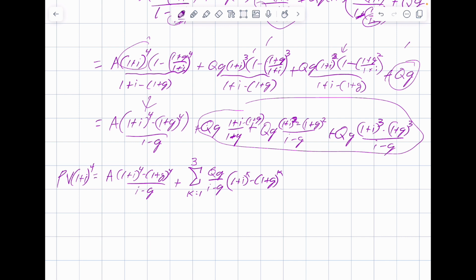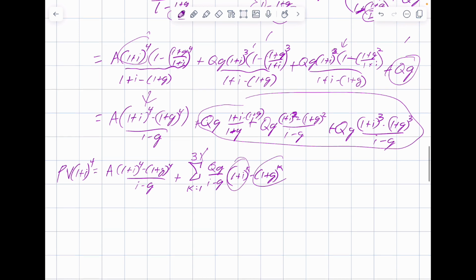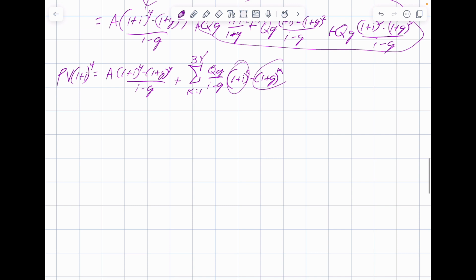So we can now write this equation using a generic format by substituting n instead of 4 and n minus 1 instead of 3. We'll also distribute this sigma term here across these two terms.